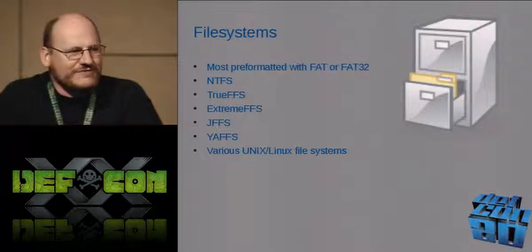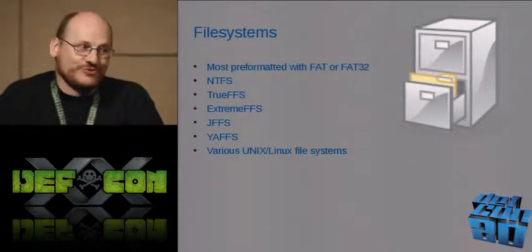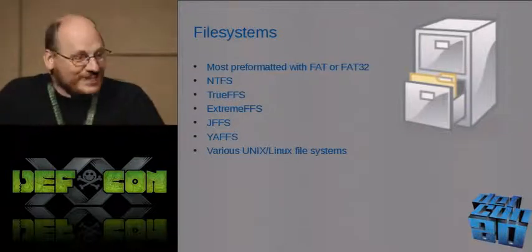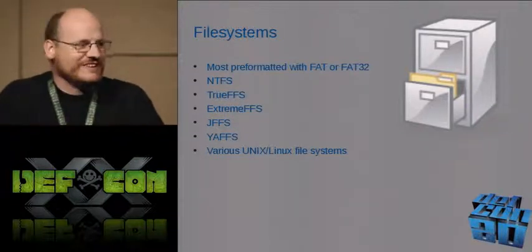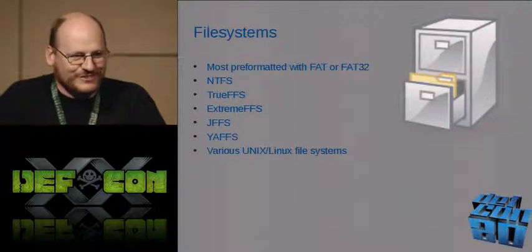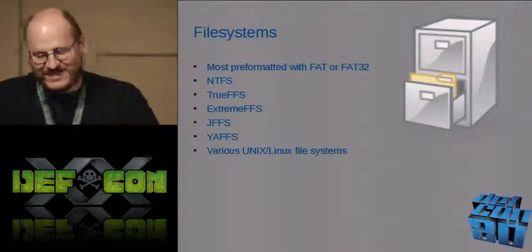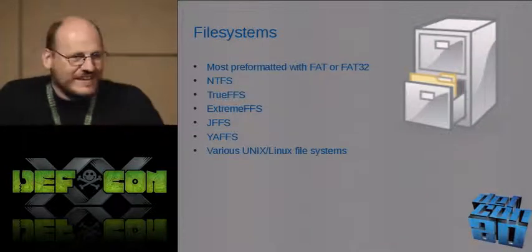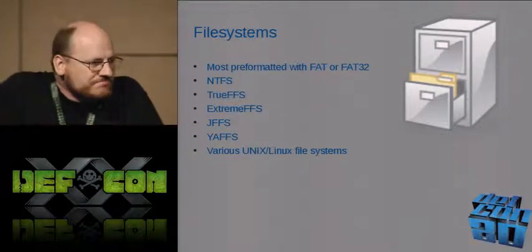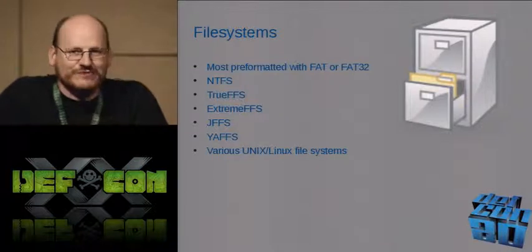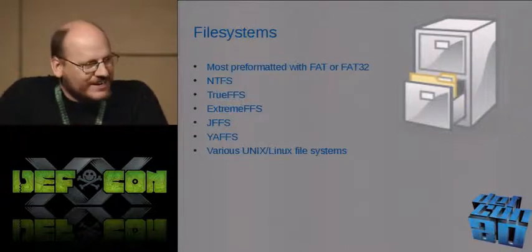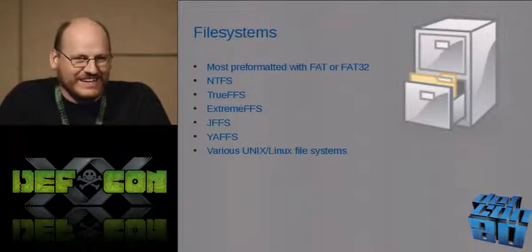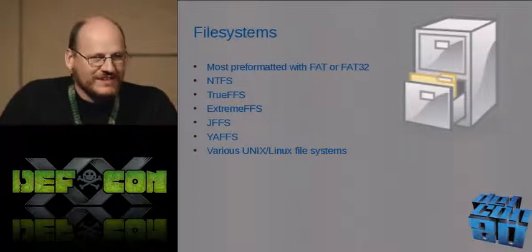Or for a thumb drive, if you want to, you can put the true flash file system, the extreme flash file system, the journaling flash file system, or my personal favorite, yet another flash file system. All right? It's kind of like YAML. Again, if you want to maybe potentially hide some information from Windows users, a higher order LUN with a non-Windows, i.e. Linux-only file system can work really well.